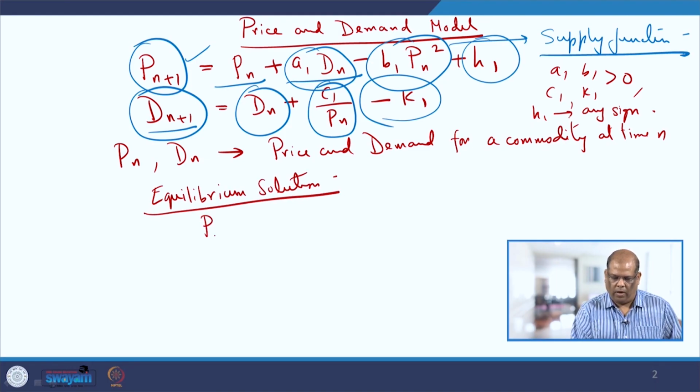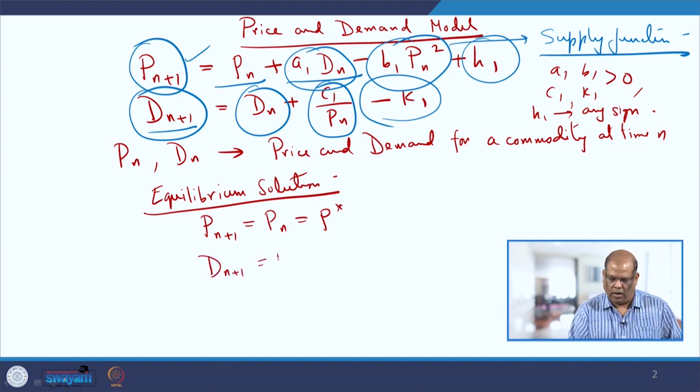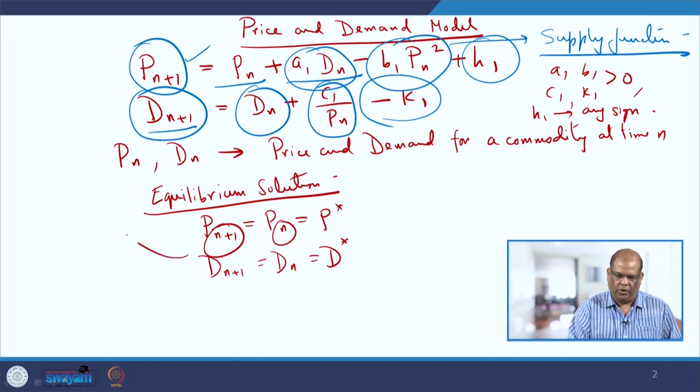For the equilibrium solution, we have Pn plus 1 equal to Pn equal to P star and Dn plus 1 equal to Dn equal to D star, because there is no change from time n to time n plus 1. And you substitute these two here, and this is what you will get.